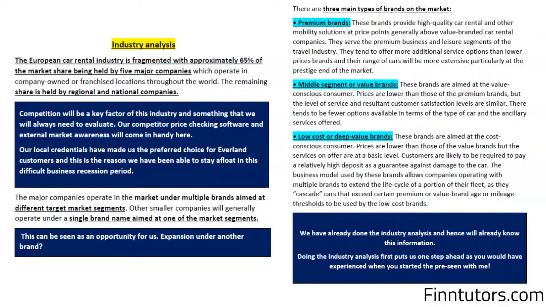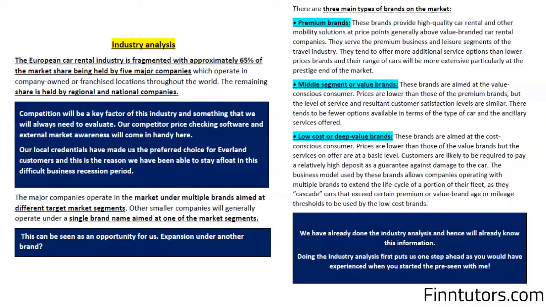Our competitor price checking software and external market awareness that we already have, that we learned in our company operations, will come in handy over here. Our local credentials have made us the preferred choice of Everland customers, and this is the reason we have been able to stay afloat in this difficult business recession period that has been spoken about.